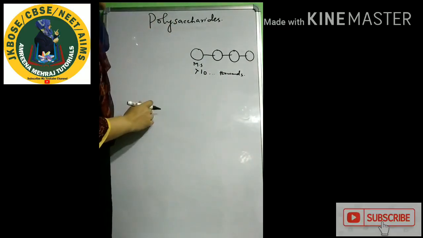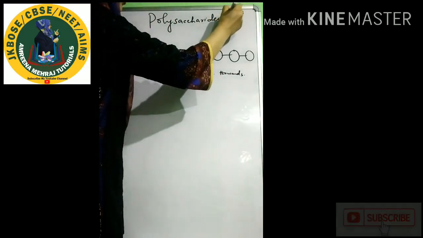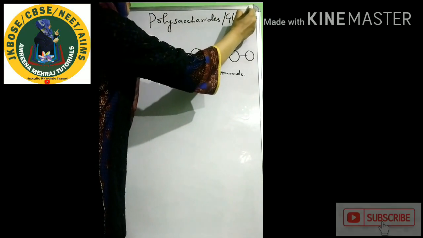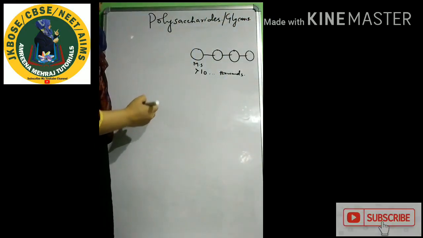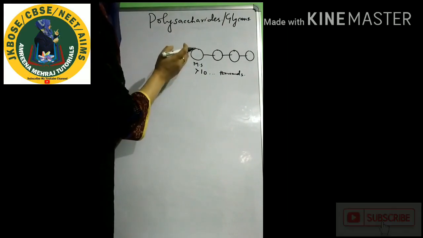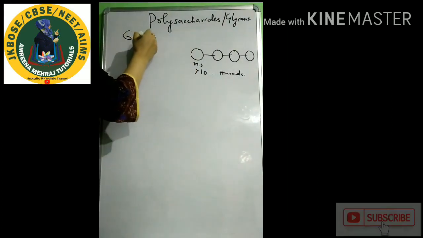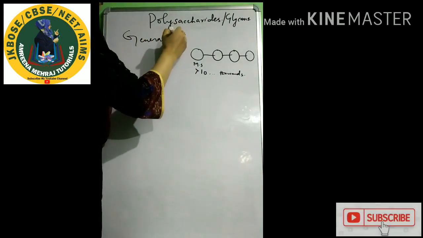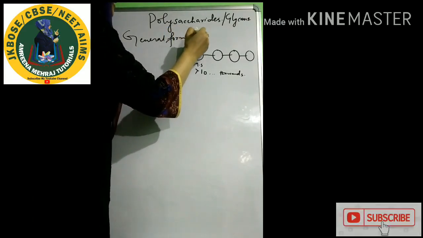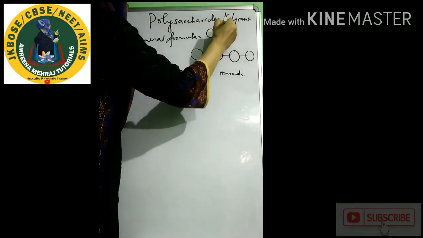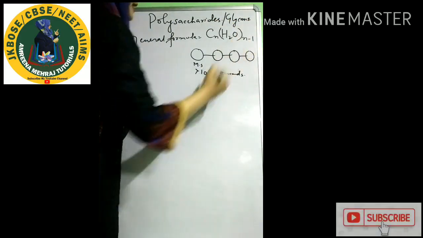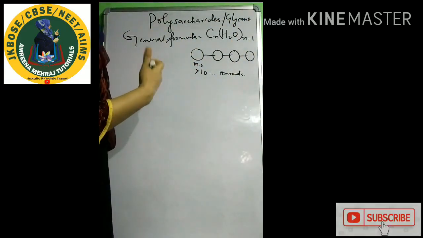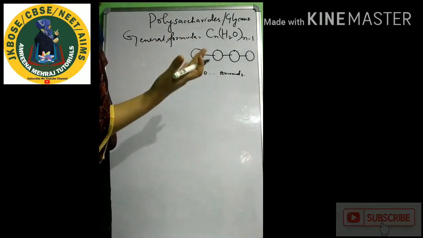It's very simple. Now polysaccharides are also called glycans. Okay, so you have another term for them. These polysaccharides have a general formula. The general formula for representing polysaccharides is Cn(H2O)n-1. So this is the way in which you can represent a polysaccharide.